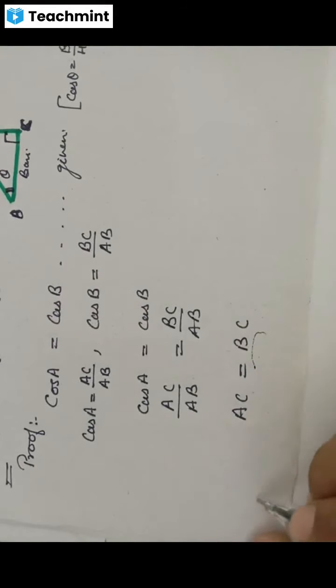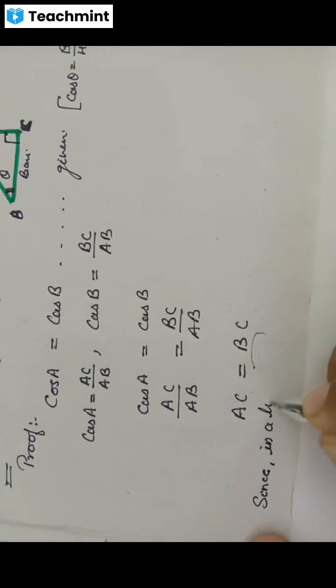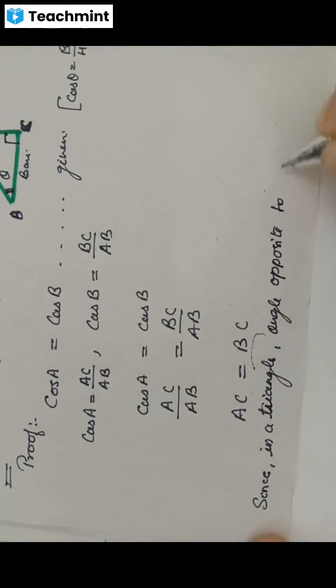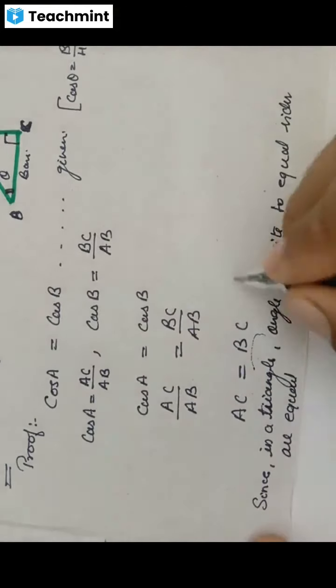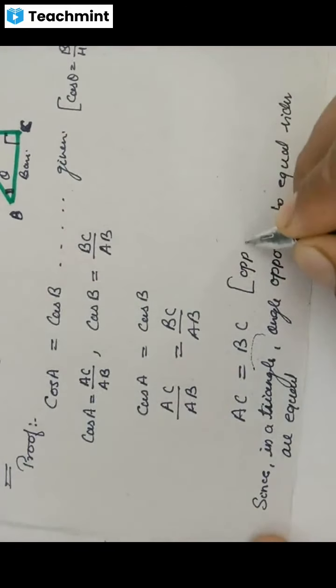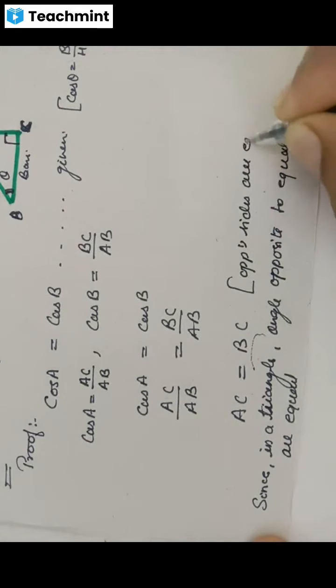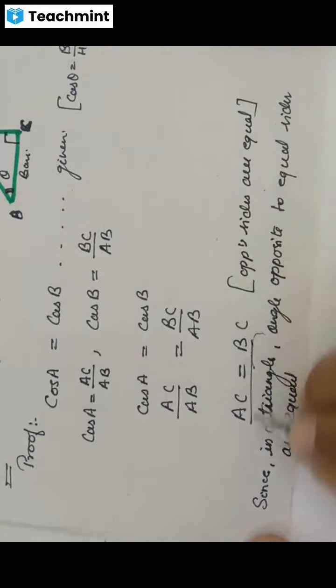Or I can write, since in a triangle, angles opposite to equal sides are equal. Look, these are opposite sides, opposite sides are equal. We have proved this thing, opposite sides equal.